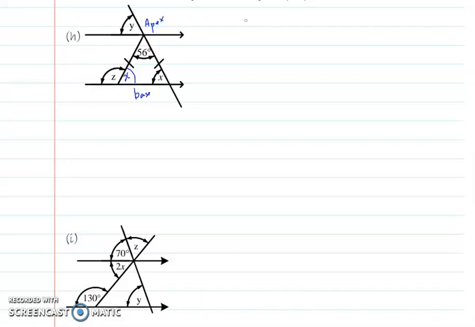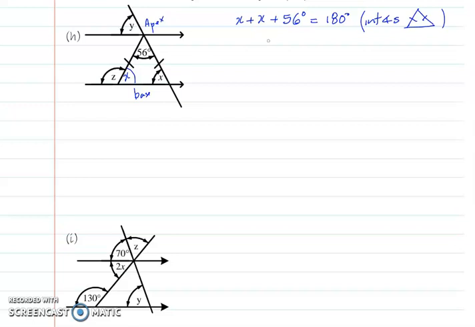So I'm going to say that x plus 56 is equal to 180 degrees. They are the interior angles of an isosceles triangle. That's how I would write my reason.